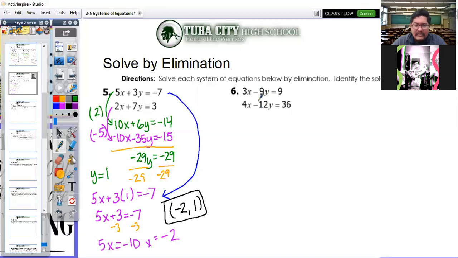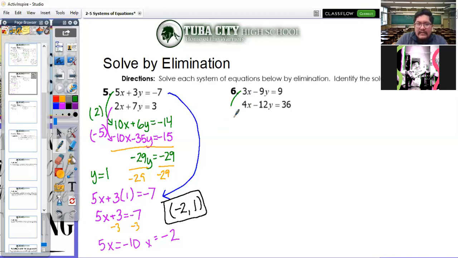So I guess I could do that. But let's look at x as well. This one would be a much smaller number. It would be 12, because multiples of 3 are 3, 6, 9, 12, 15, and 4 would be 4, 8, 12, 16. So 12 is where these numbers meet up.